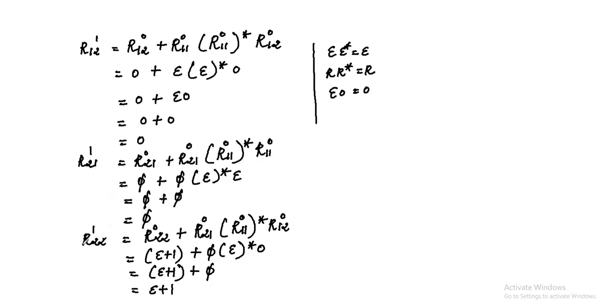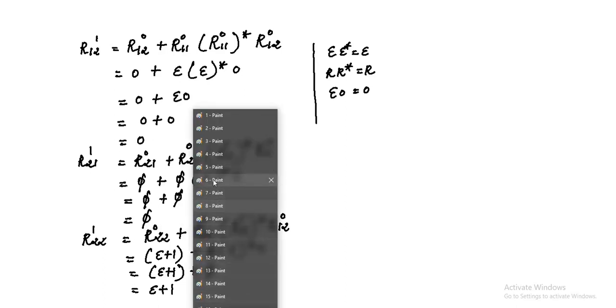And the next combination is r_22 raised to the power 1. This is the last combination. The i value and j value would be 2. Here, as per the equation, r_ij means i value 2, j value 2, so r_22 raised to the power k minus 1, where the k value would be 1, and 1 minus 1 is 0, plus r_ik.